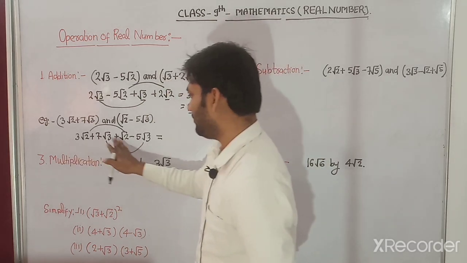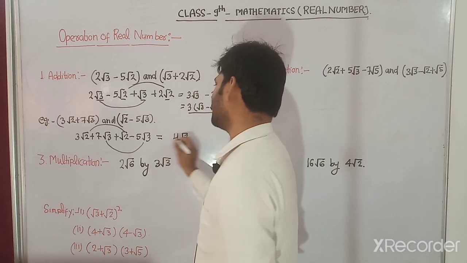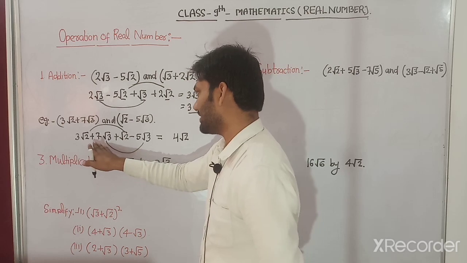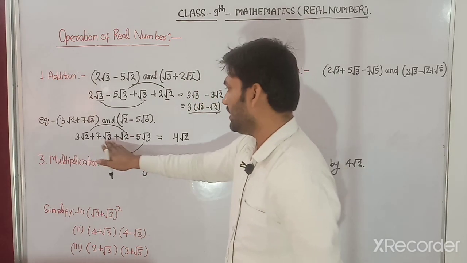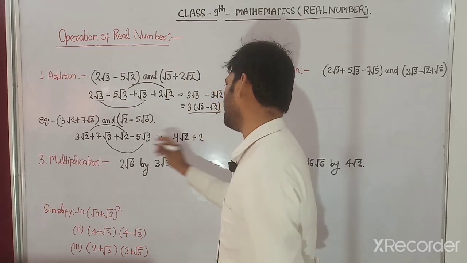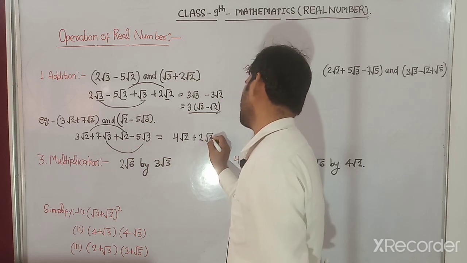Adding 3 root 2 plus root 2, the answer will be 4 root 2. And second is 7 root 3 minus 5 root 3, a subtraction. The answer will be 2 root 3, and the result is positive because 7 is greater than 5. It is the answer.